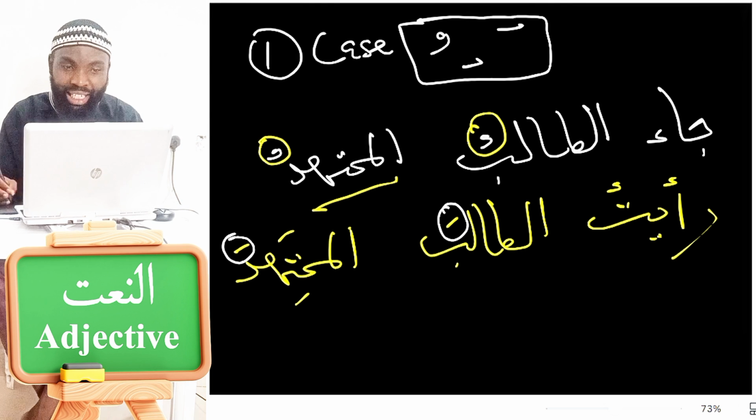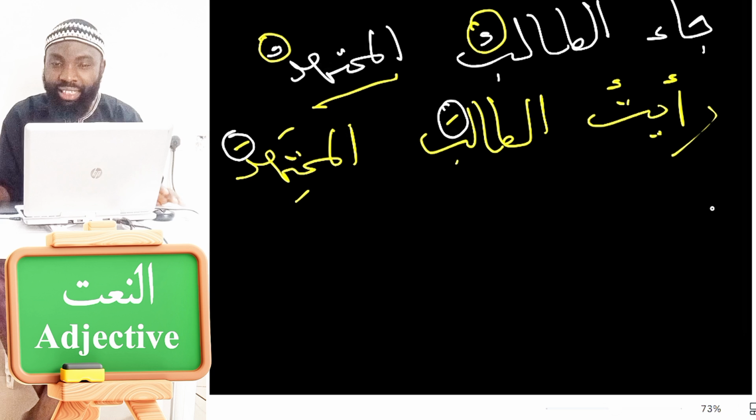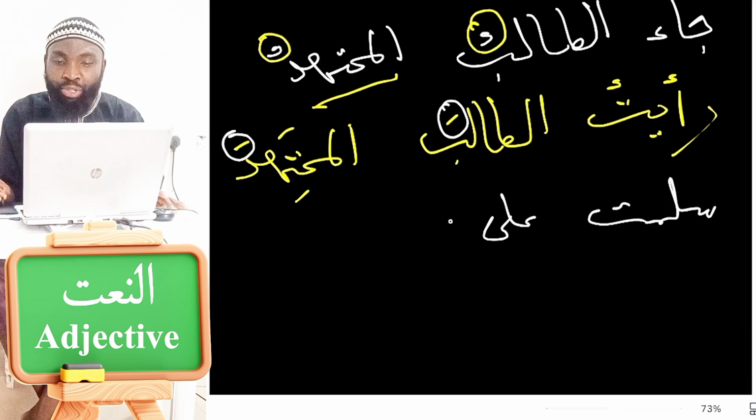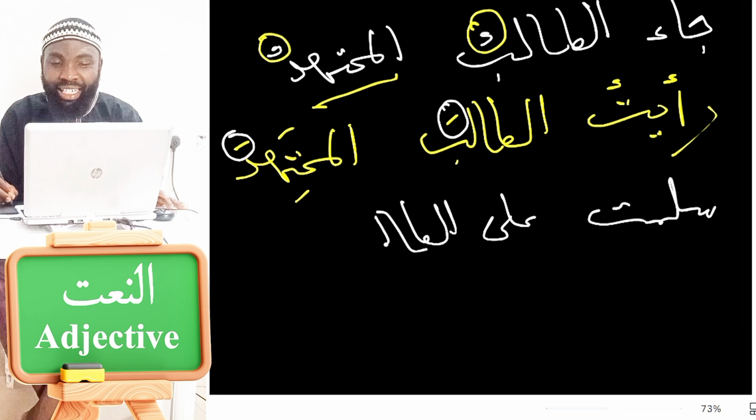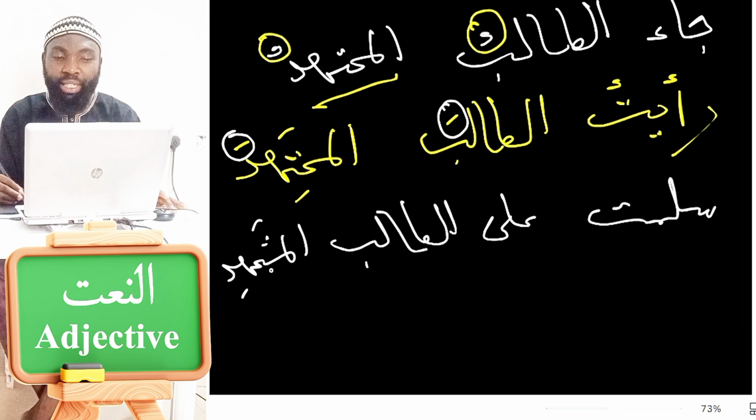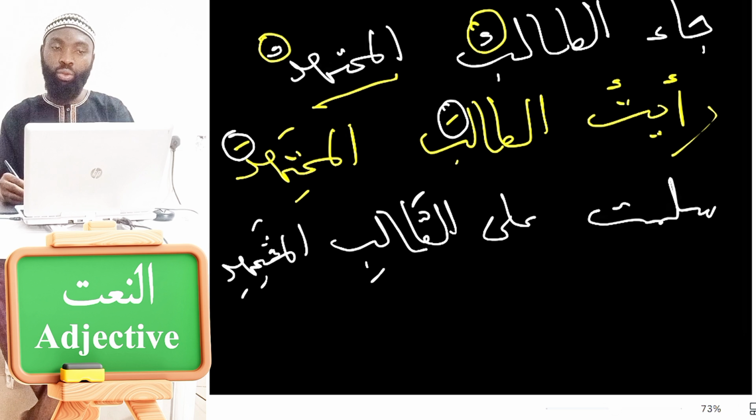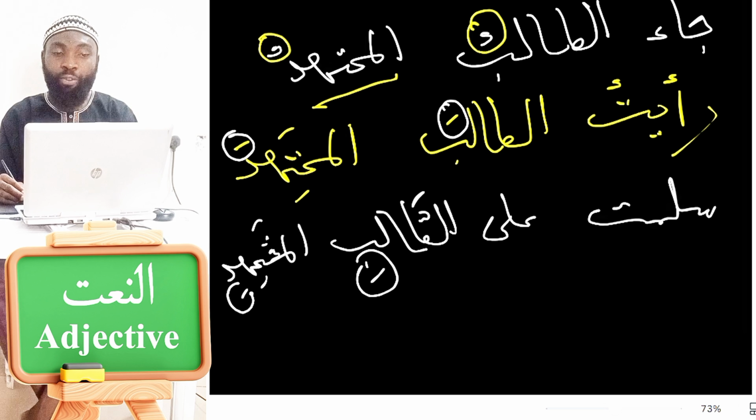The last example, assuming we have the sentence sallamtu ala talibil mujtahidi. You see that at-talibi is ending with kisra. Therefore, the adjective qualifying it should also end with kisra.